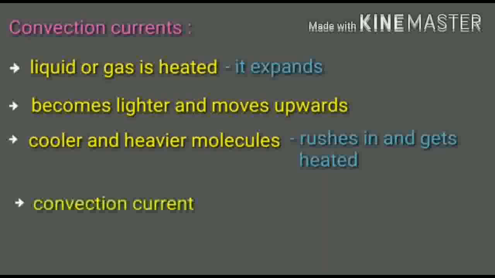This process continues and gives rise to a convection current, through which heat energy flows and the entire liquid or gas gets heated. Now, can you understand what is convection current? Through convection current, the heat energy flows and the entire liquid or gas gets heated.